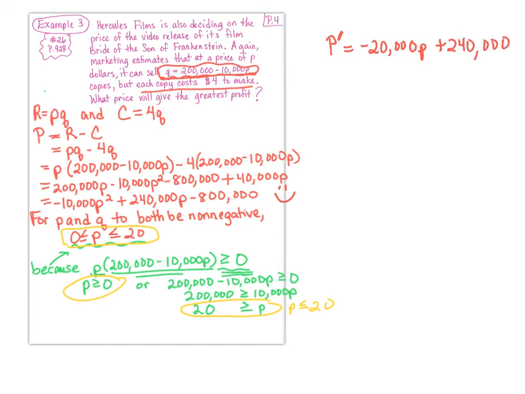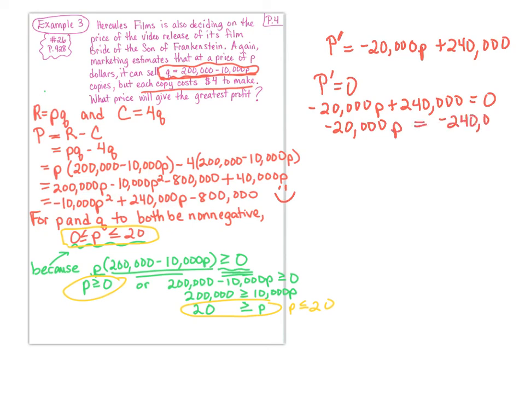Now we need to find our critical points. We find out where P prime is equal to 0. That means negative 20,000 P plus 240,000 is equal to 0, or negative 20,000 P is equal to negative 240,000.